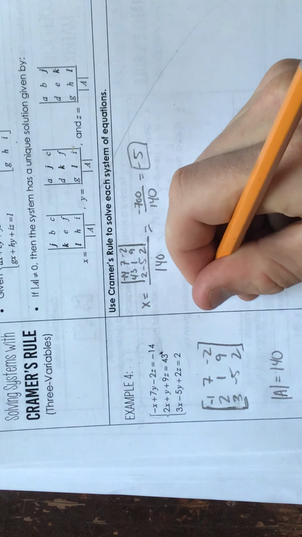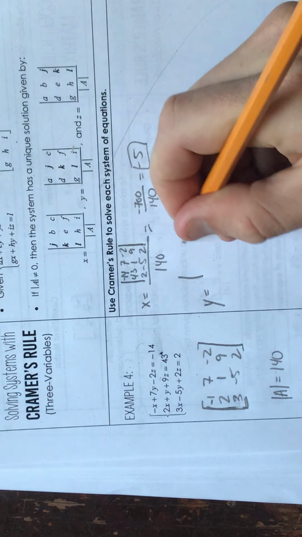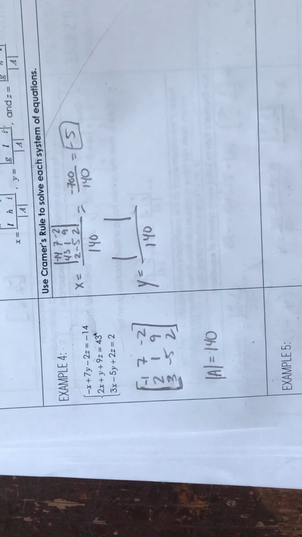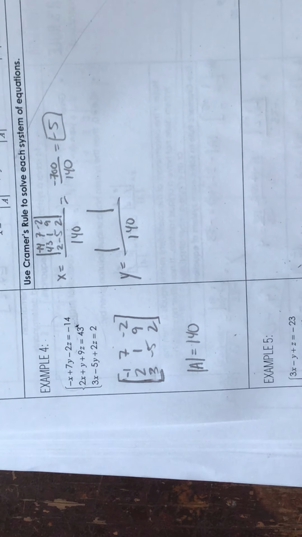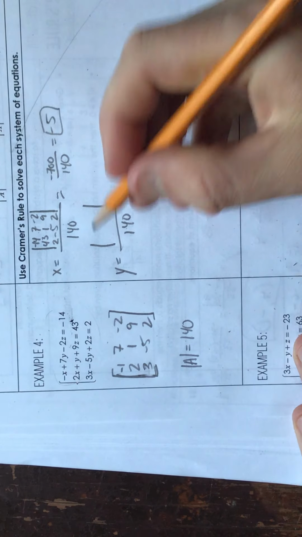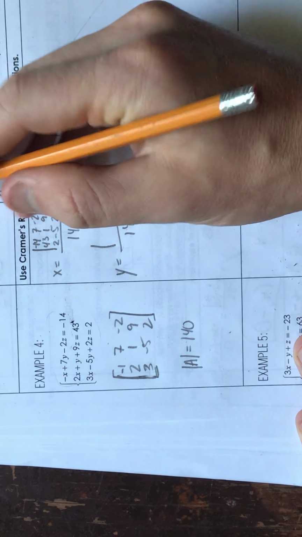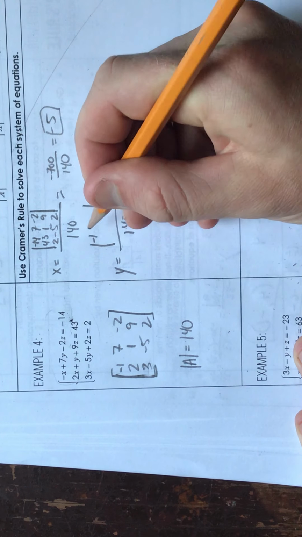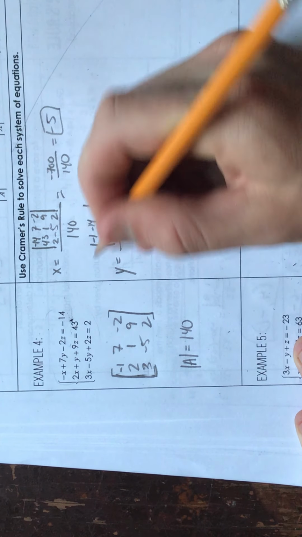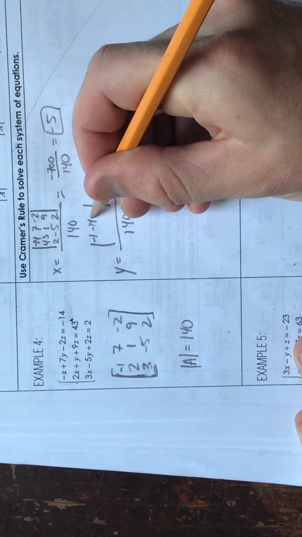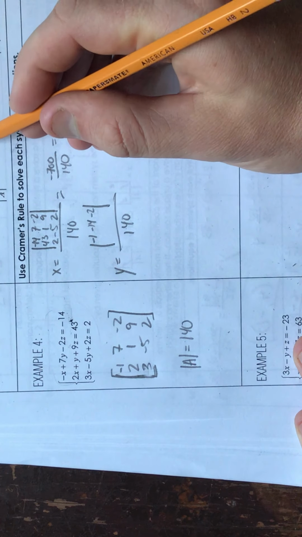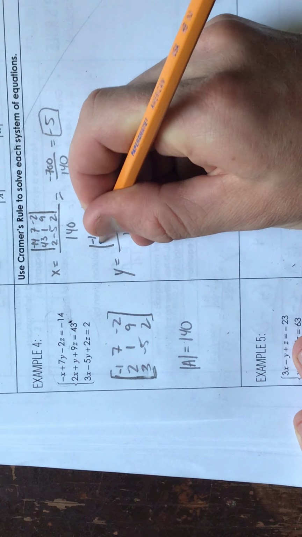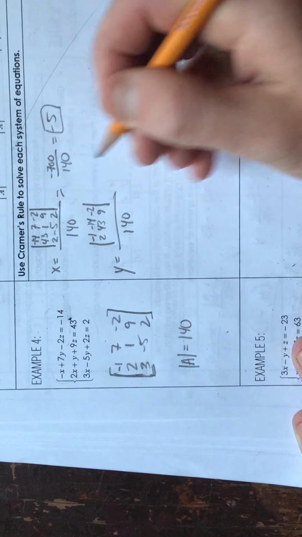Yep. And then we're going to do the same thing for y. So once again, this guy's over 140 because that's the determinant of A. We got AJC, that's going to be -1, -14, and -2. Next one is DKF, DKF is 2, 43, 9.